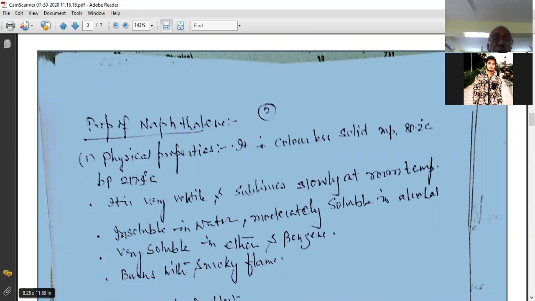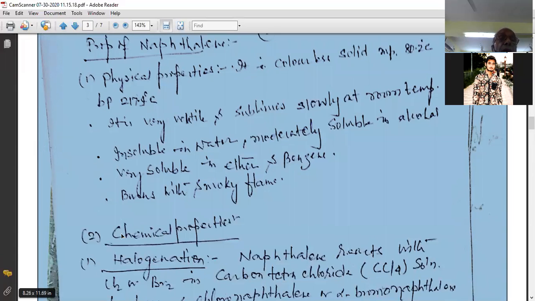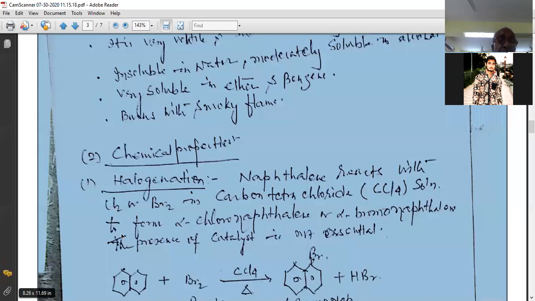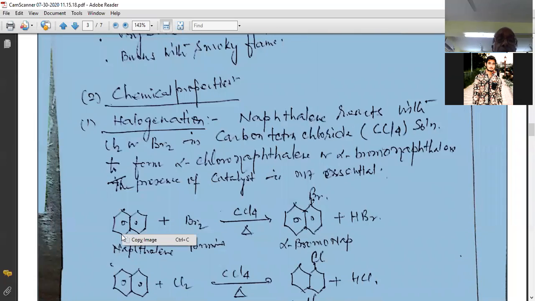Melting point is 80.2 degrees centigrade, and boiling point is 217.9 degrees centigrade. It is very volatile in nature and sublimes slowly at room temperature. Naphthalene is insoluble in water, moderately soluble in alcohols, and very soluble in ether and benzene. It burns with a smoky flame.